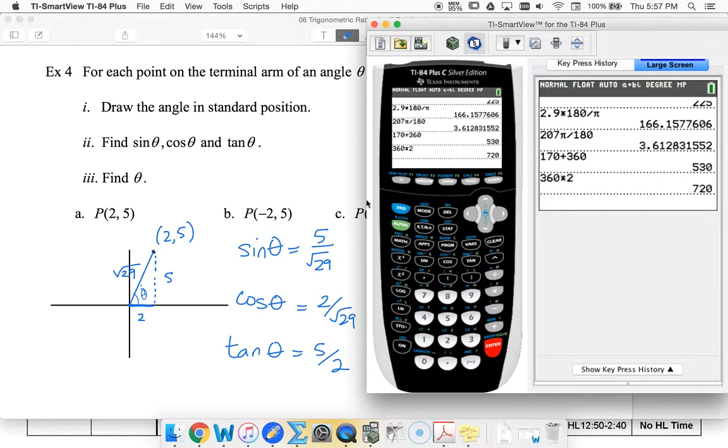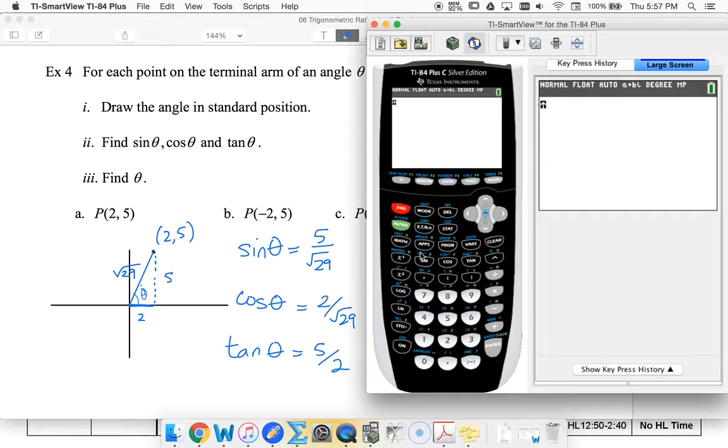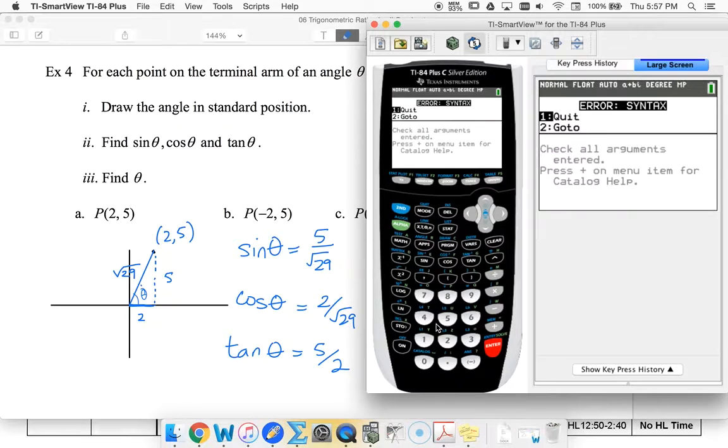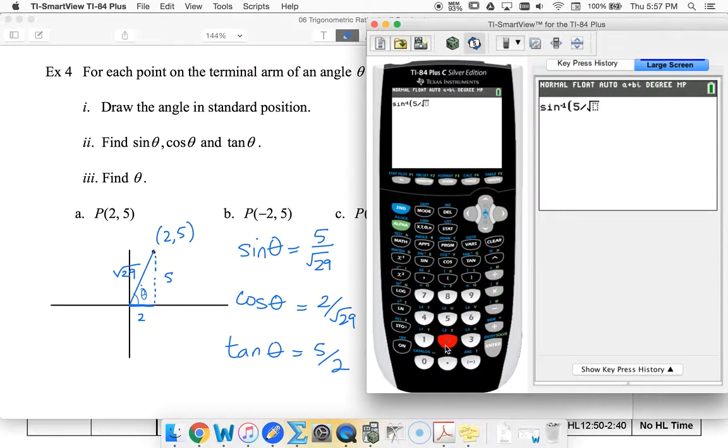I could do cos inverse of 2 over root 29, or I could do tan inverse of 5 over 2.